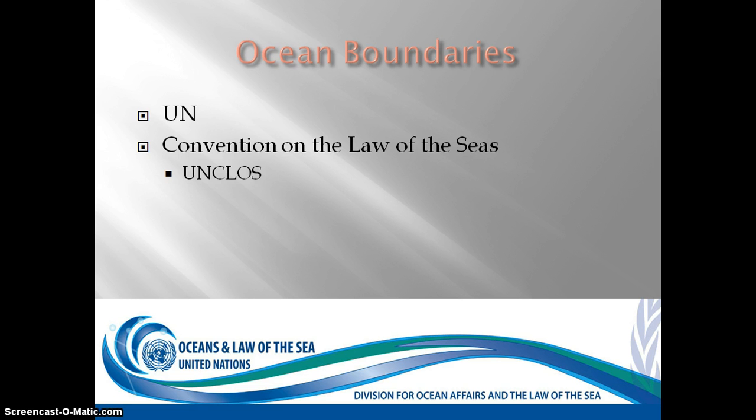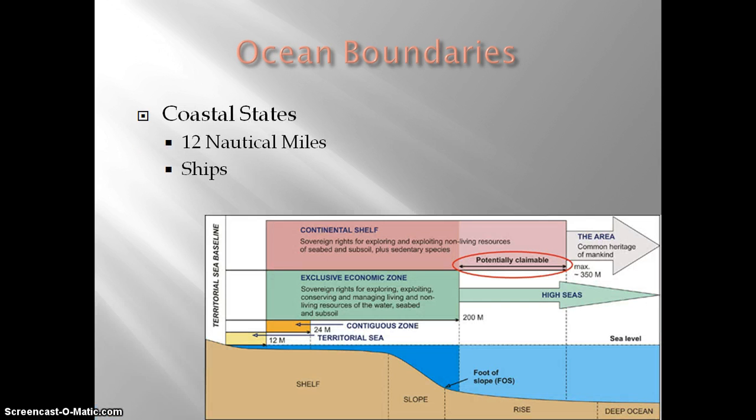With new technologies and satellites, it's much easier for ships to figure out where exactly they are, whether they're crossing over into territorial waters. Prior to that, it would have been very difficult. As technology improves, understanding these borders and boundaries is going to become a little bit easier.